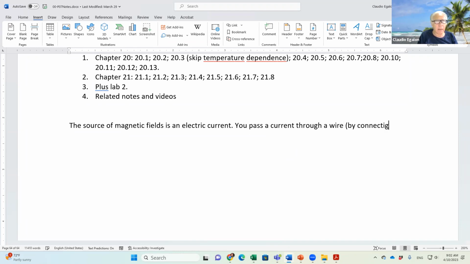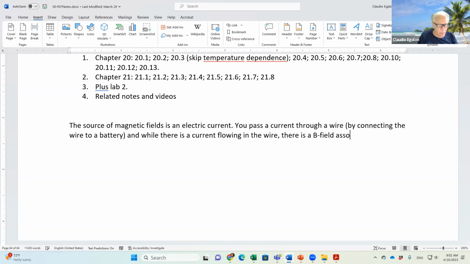By connecting the wire to a battery. And while there is a current flowing in the wire, comma, there is a magnetic field associated with it, with this current.